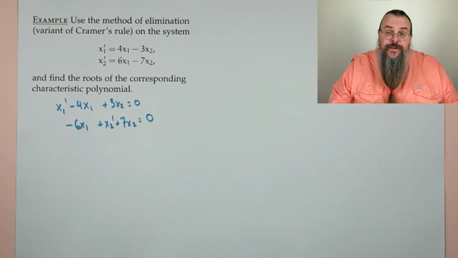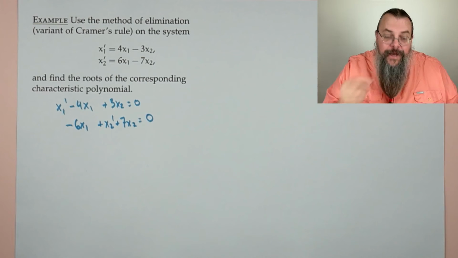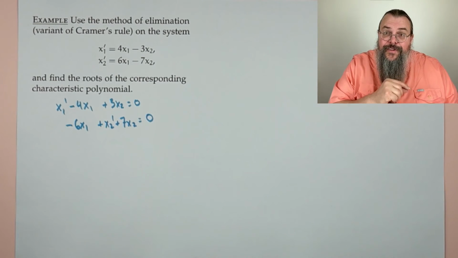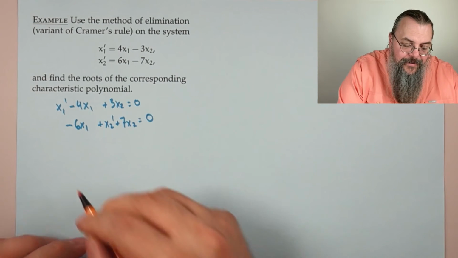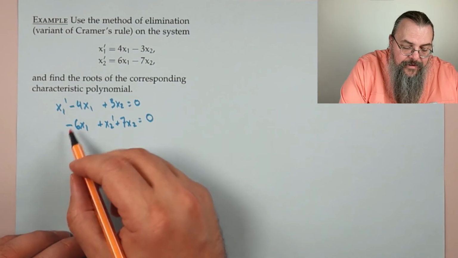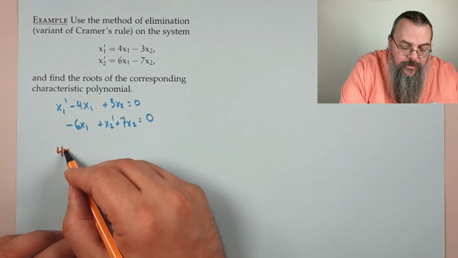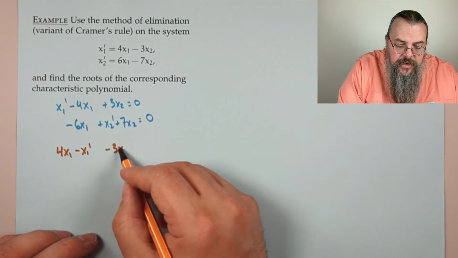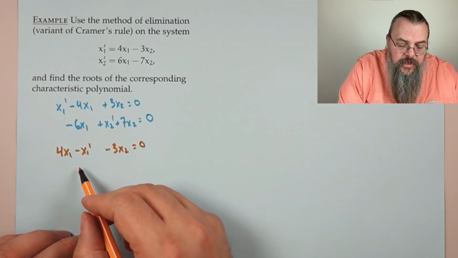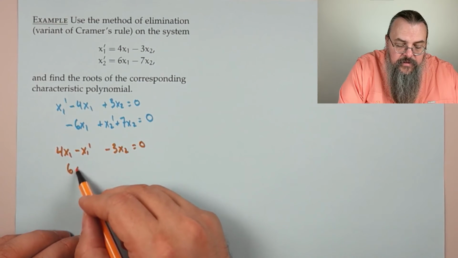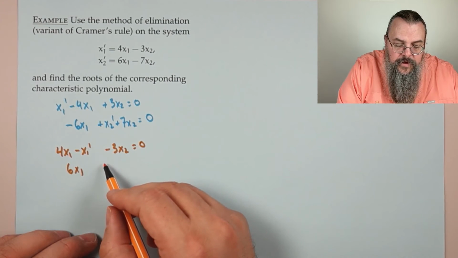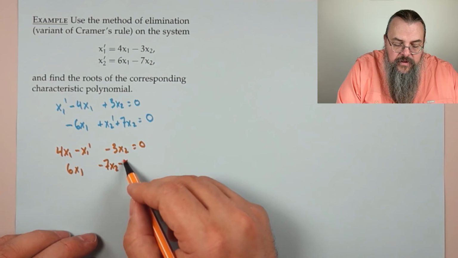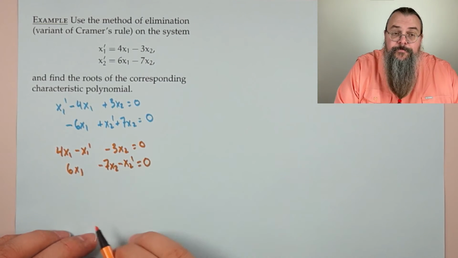There's not really a good reason to do it now, but it will help us to see something in just a second. So we can rewrite this as 4x1 minus x1 prime minus 3x2 equals 0. And here we'll have 6x1, and then minus 7x2 minus x2 prime equals 0.